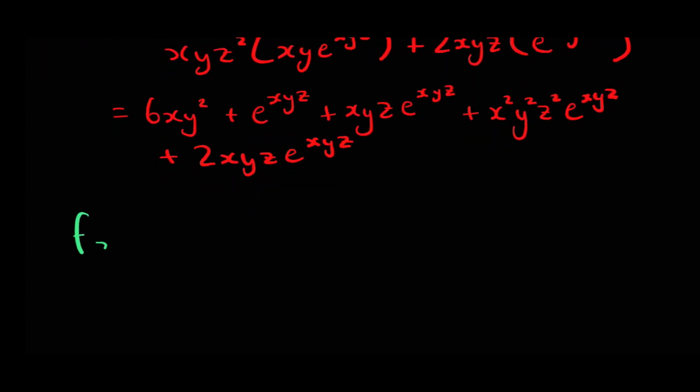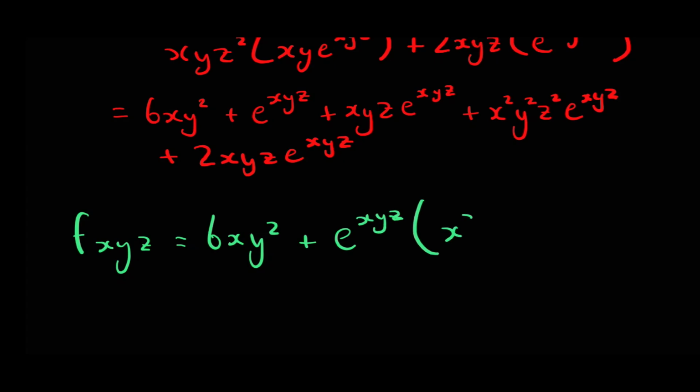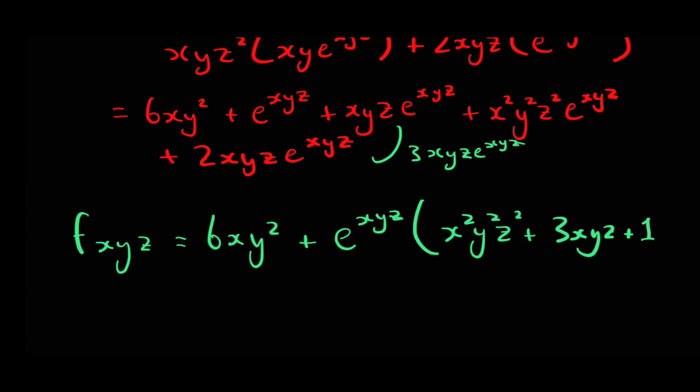And then you can get our final answer by simplifying even further by factoring. And you get 6xy squared plus e to the power of xyz times x squared y squared z squared plus. And because we can actually collect like terms and make this 3xyz e to the power of xyz, we can do plus 3xyz and then also plus 1 for the e to the power of xyz term that's by itself. And that's the final answer.